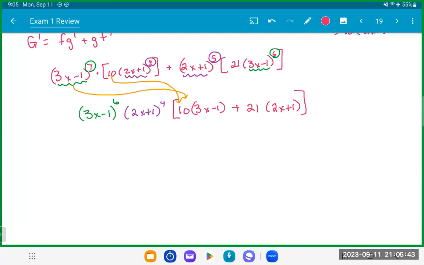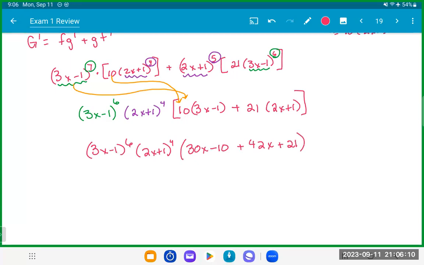All right. So now let's just simplify. We have (3x − 1)^6 (2x + 1)^4. Now this is 3 times 10 gives me 30x minus 10, plus 42x plus 21.